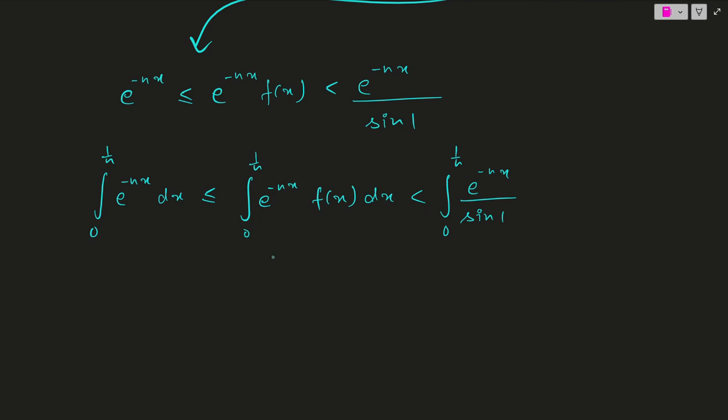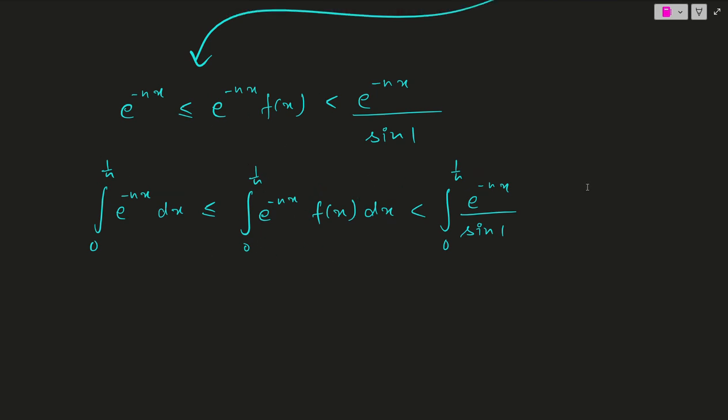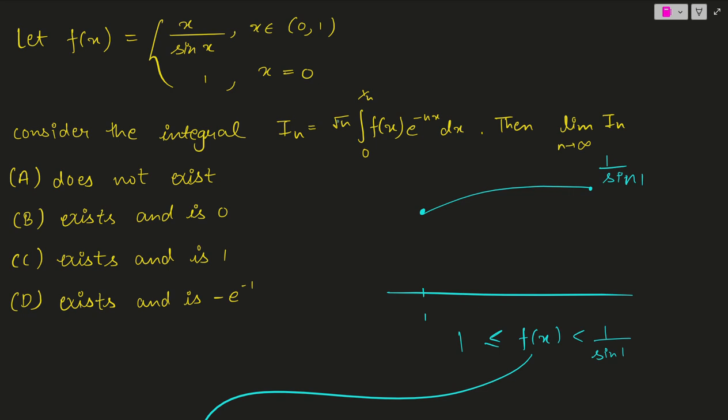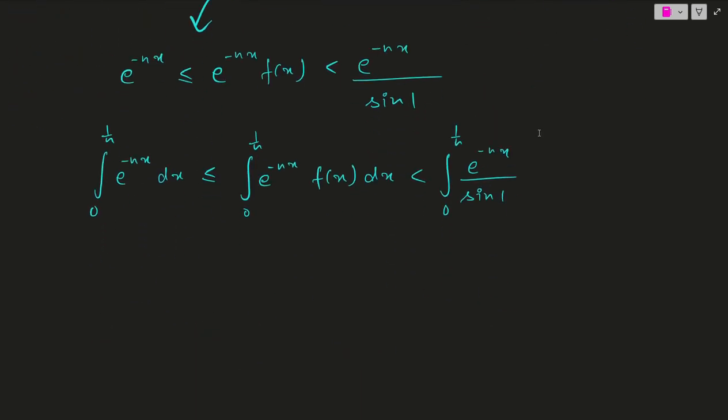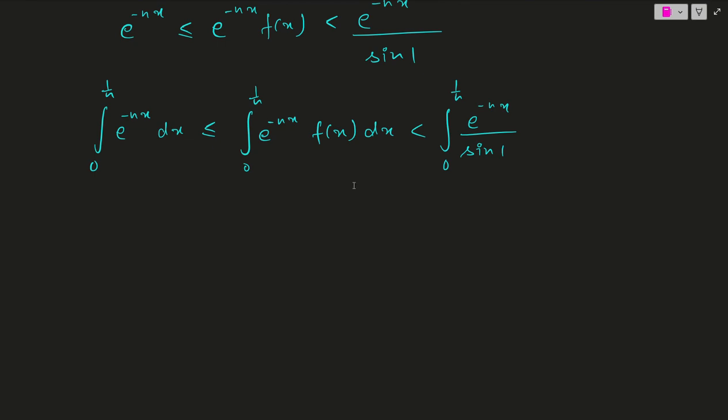Now to make it completely the integral in the given question, we just have to multiply by root n. After multiplying root n everywhere, since it's a constant, it will be out of the integral.